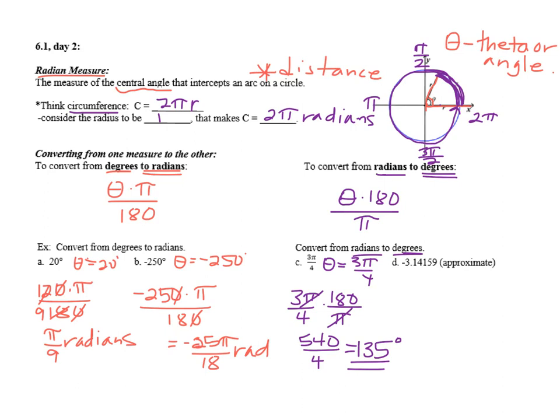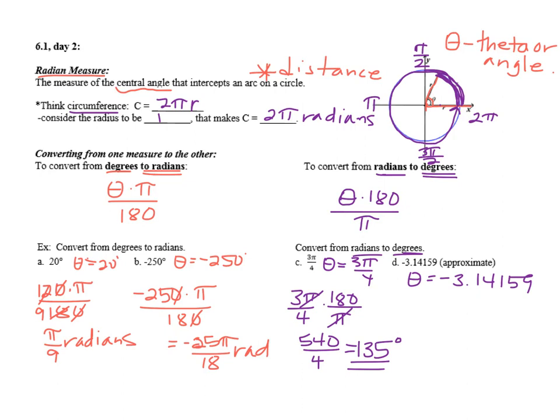Now that next example is negative, but it's also an approximate. Notice it's negative 3.14159. You may be able to tell where I'm going with this one. If that's what your radian measure theta is, what we'll have to do is plug this whole thing in our calculator.